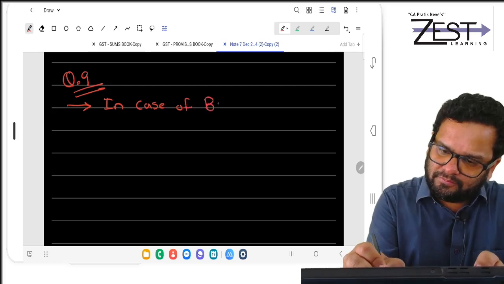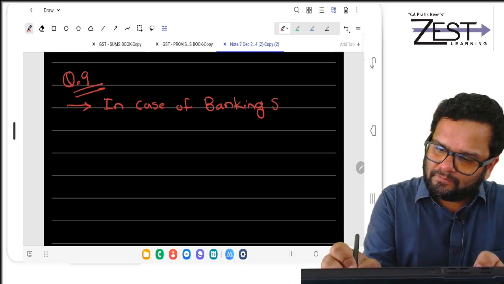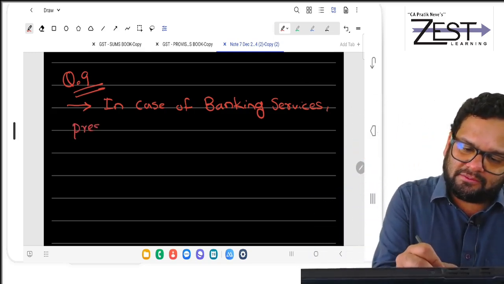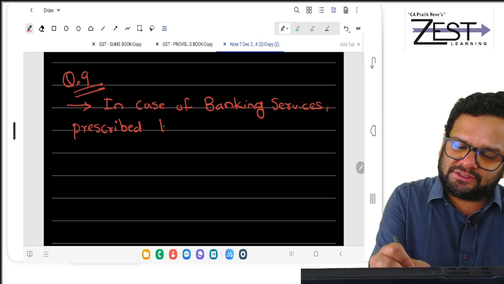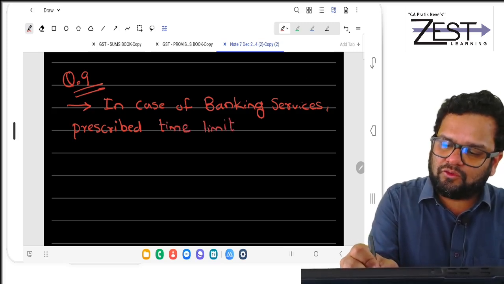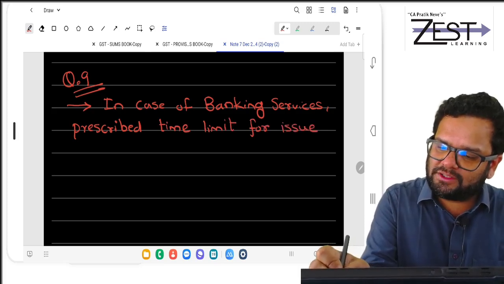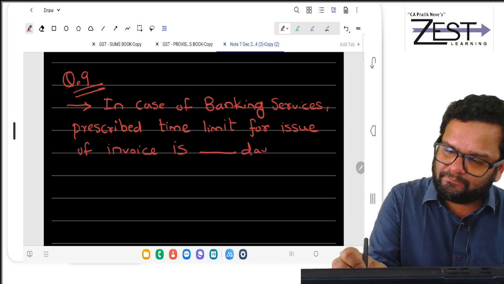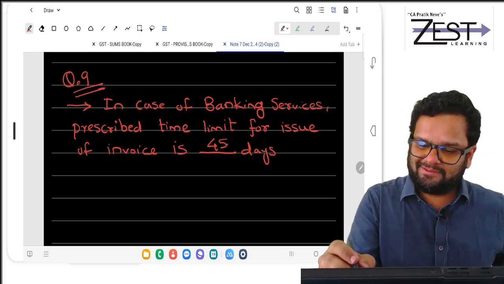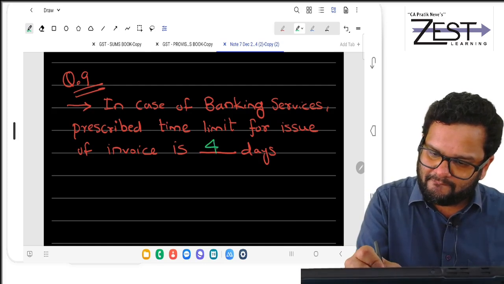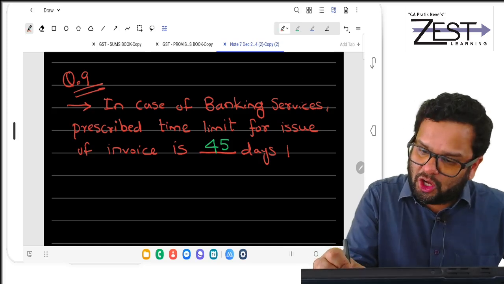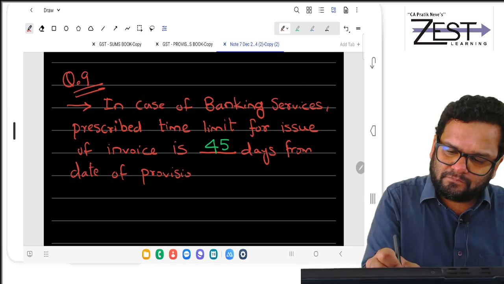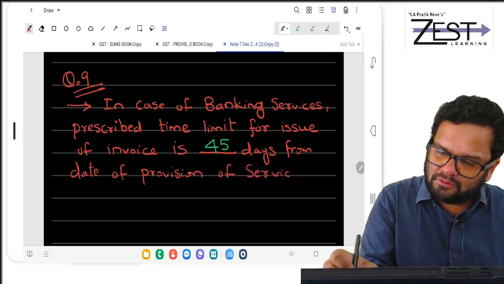In case of banking services, the prescribed time limit, it's given in rules, this time limit for issue of invoice is 45 days from date of provision of service.